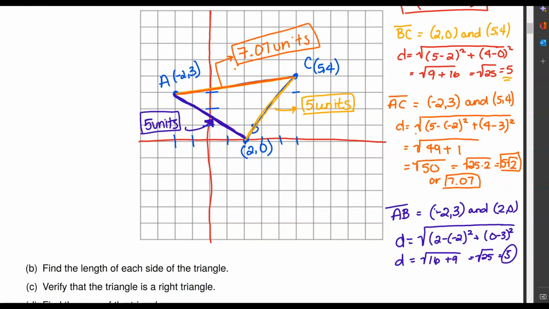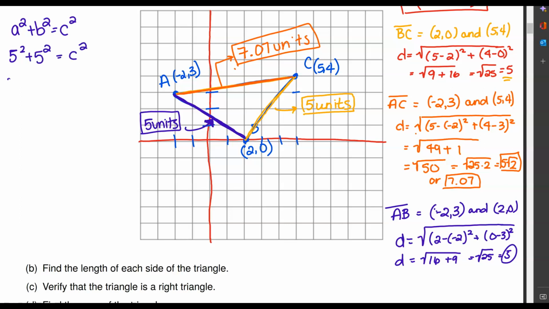Now the next question is asking us, verify that the triangle is a right triangle. So the way that we would verify this is we'd use Pythagoras' theorem, because a squared plus b squared equals c squared, and this is true for right triangles. So here I would have 5 squared plus 5 squared equals c squared.